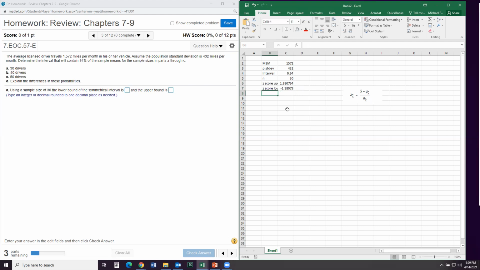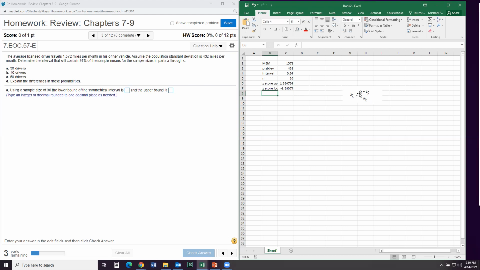Okay, so there's the z-score of our bounds. We're going to be 1.88 standard deviations above the mean and 1.88 standard deviations below the mean, and that will take up 94% of all of the possible values. Or another way of looking at that is 3% of the values will fall outside of it on the lower end, and 3% on the upper end, leaving that 6% and leaving 94% in the middle. Okay, that's kind of confusing, but now I know the z-score.